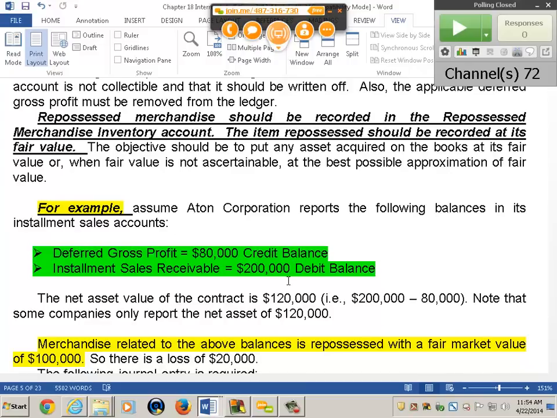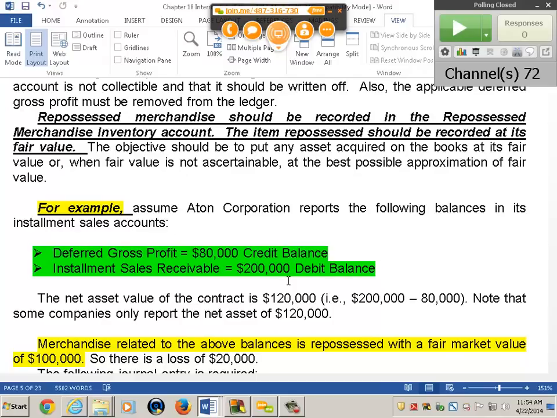So here, when you look at this, I have an account. This would have to be a specific customer. I have a $200,000 installment receivable, and I have an $80,000 deferred gross profit.